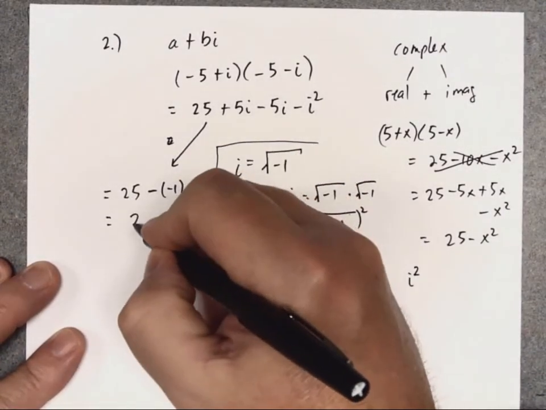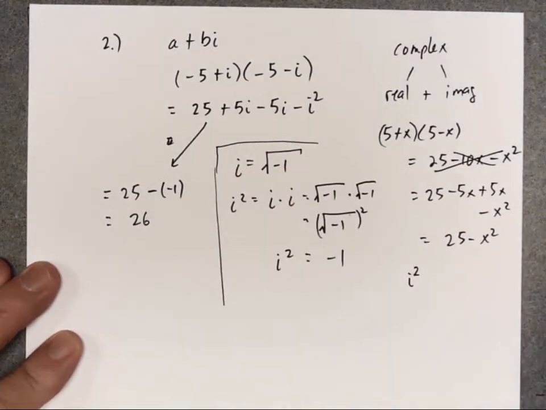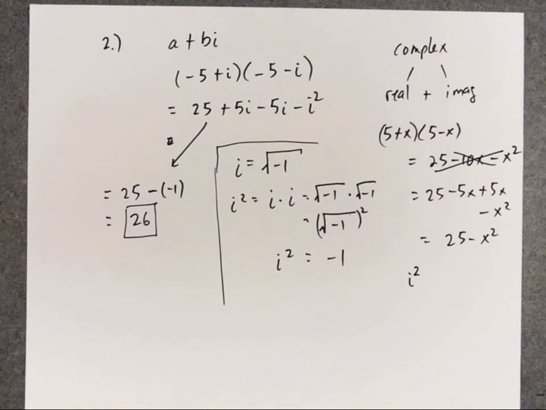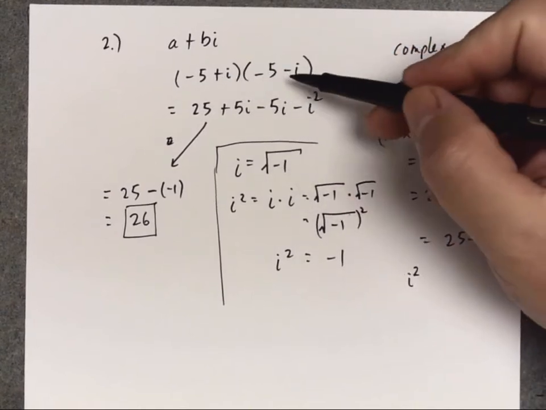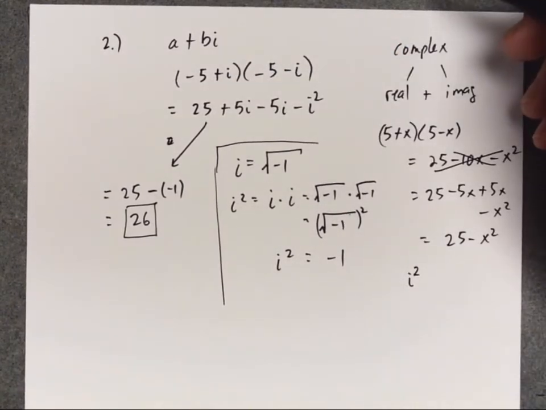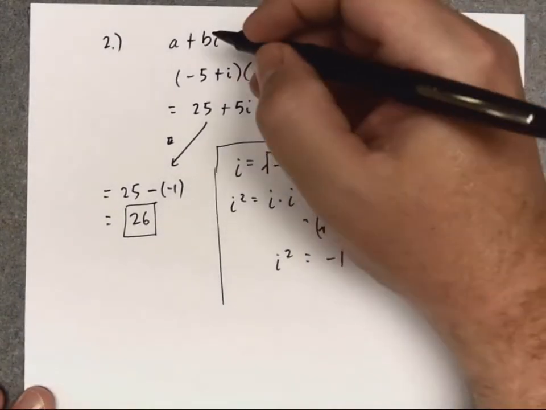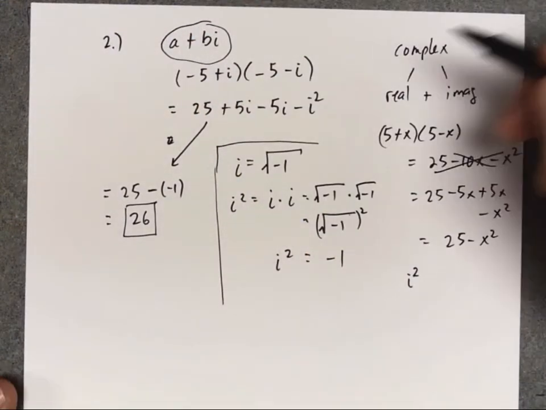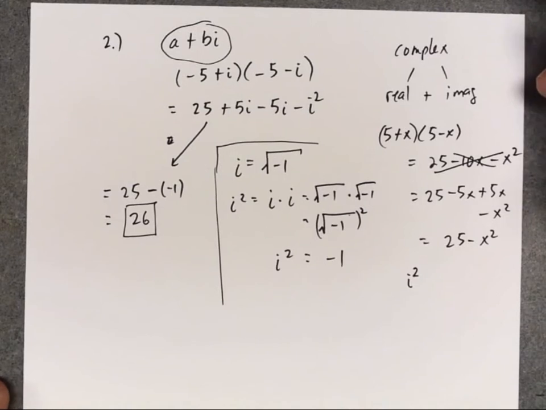Subtracting a negative 1 means 25 plus 1. And there's your answer. Oftentimes when you work a problem with complex numbers, you end up having an i in your solution. In fact, it told us to put your answer in this form. This is one of those cases where when you get all finished, there are actually no imaginary numbers. It's just a regular real number.